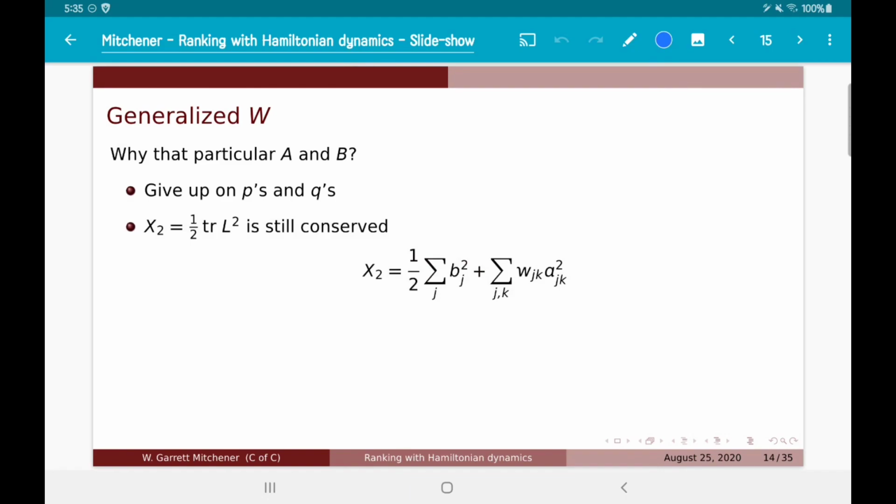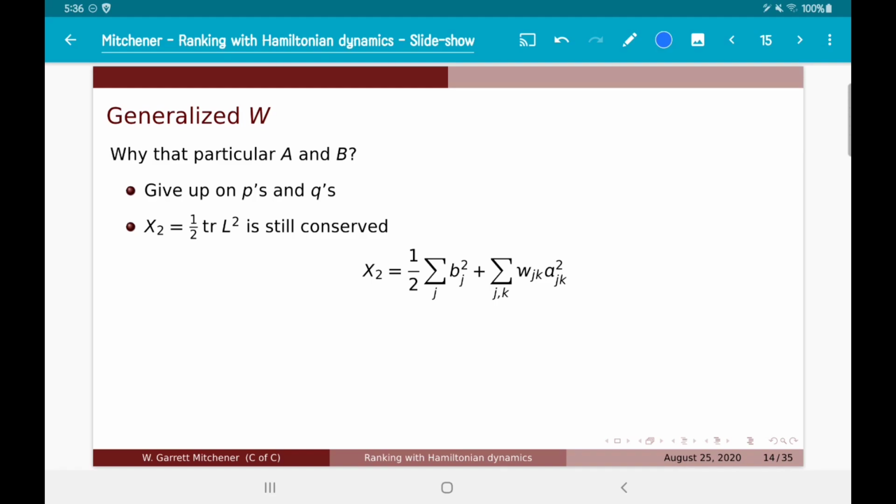Importantly, the trace of L squared is still conserved, and it has this form, only now there are a lot more of these W terms that are non-zero. So again, there are many more terms in this energy function. And by the way, part of why trace of L squared is important is, of course, that if the eigenvalues of L are conserved, the eigenvalues of the square of L must also be conserved.